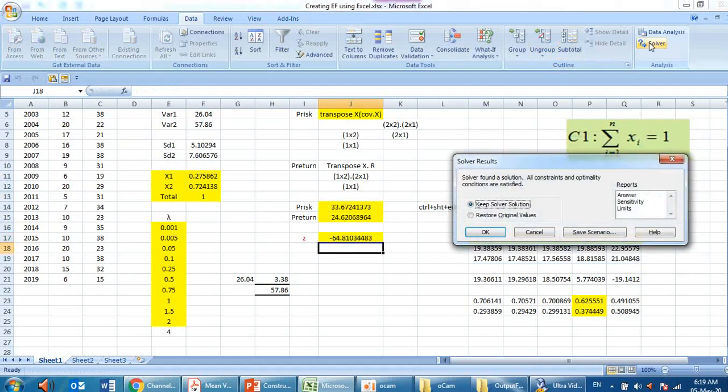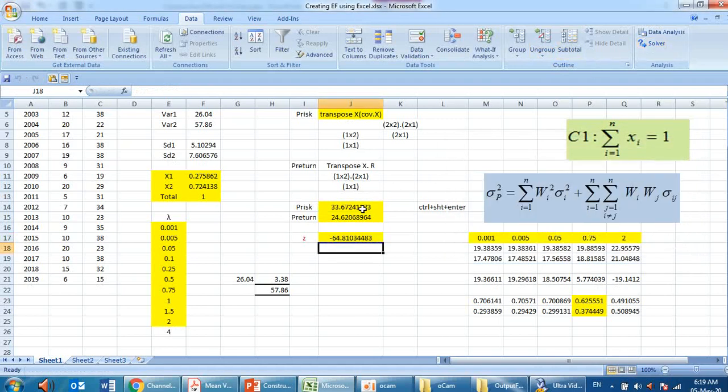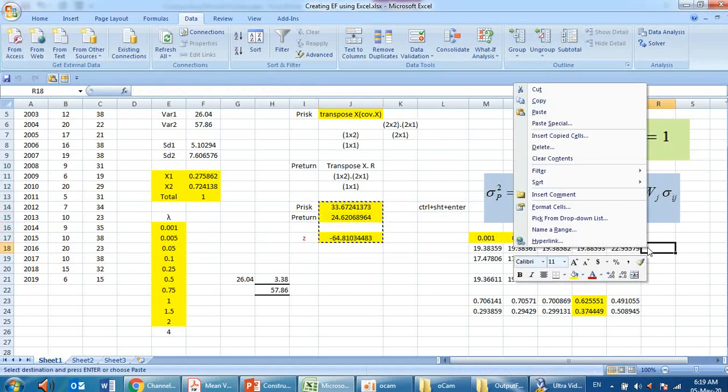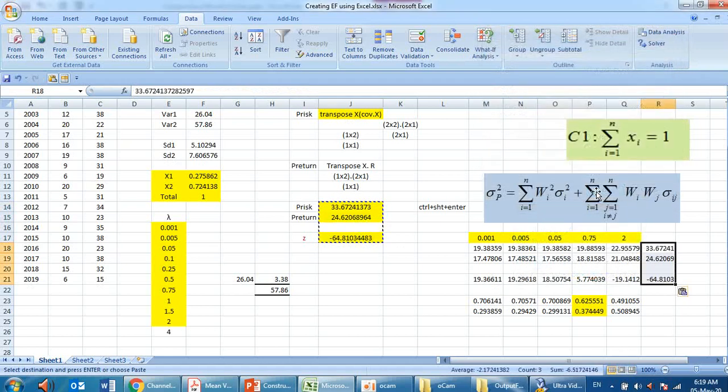Okay, now I'll solve for another. So what happened? Now the solution came up when I'm taking larger values, it is giving me a good solution. Okay, with weights also.